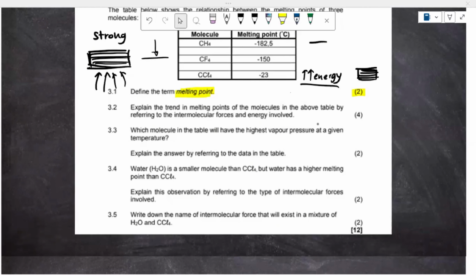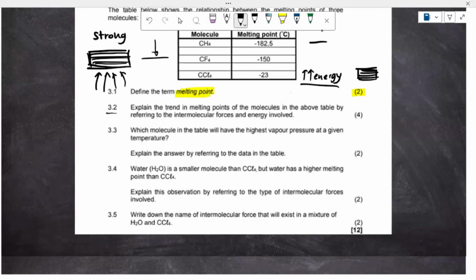Then we have 3.2. So let's move on. They asked us to explain the trend in melting points of the molecules in the above table by referring to the intermolecular forces and the energy involved. So already we kind of touched on that, where we're saying that the trend is that the energy required is increasing, because the melting point temperature is increasing, meaning that we're going to require more energy.